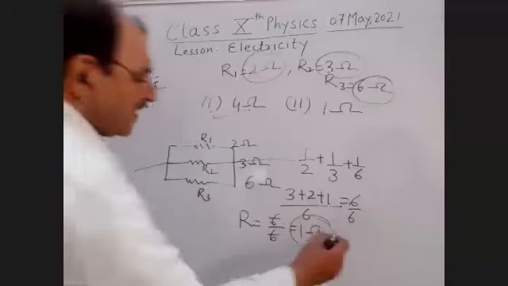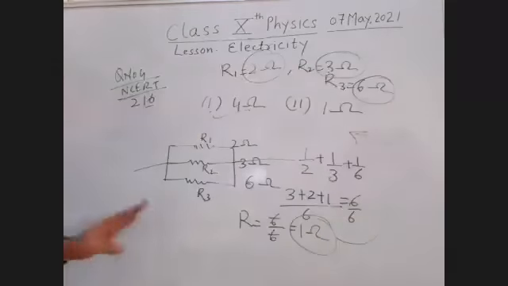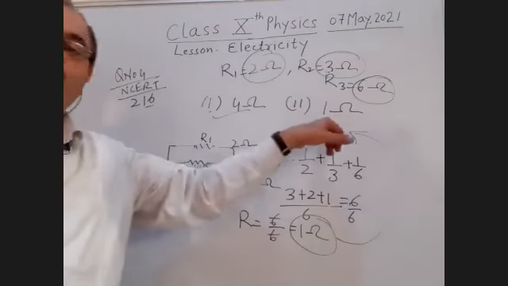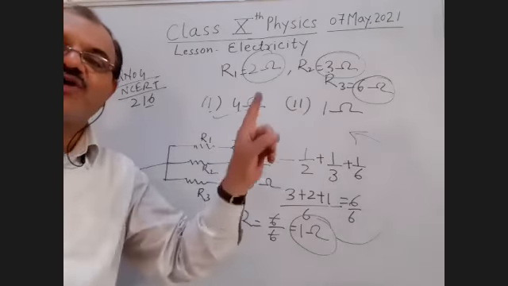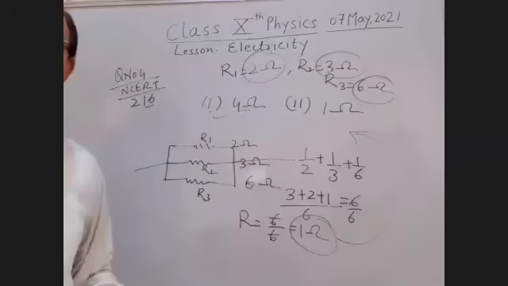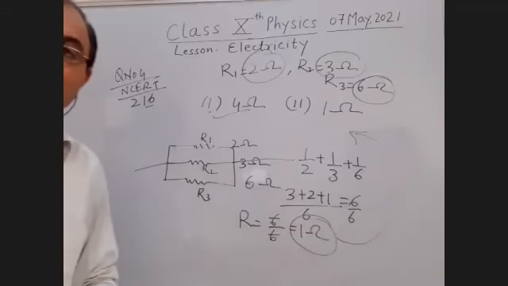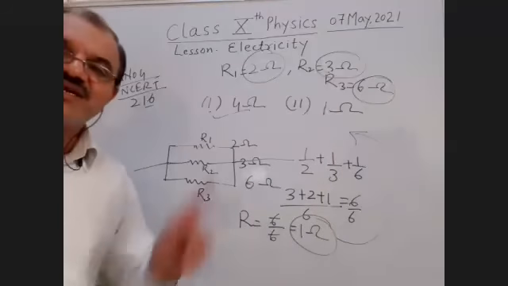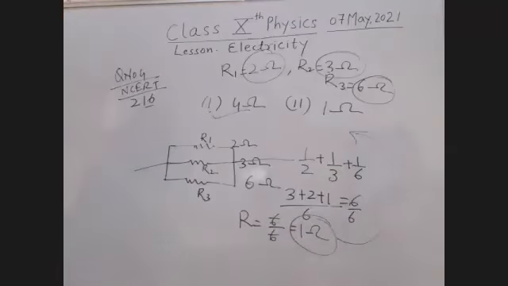Now, that purpose is solved, because the answer was given as 1 ohm. So these three resistances should be in parallel combination. Only then can I get the net result of 1 ohm. Is it clear, student? Please note down.